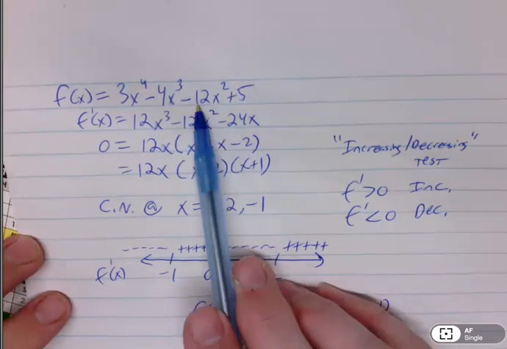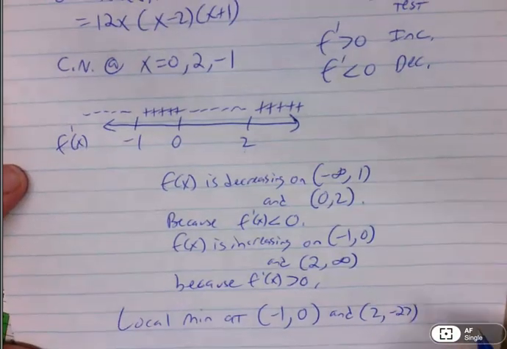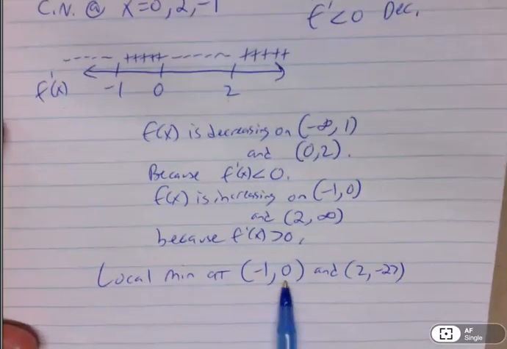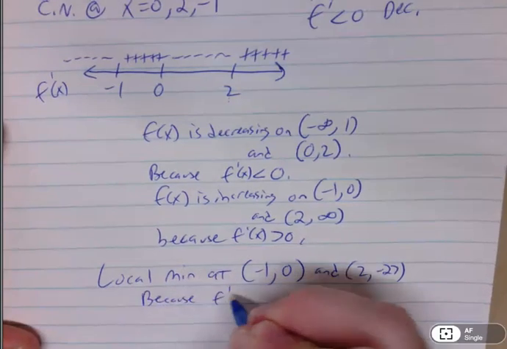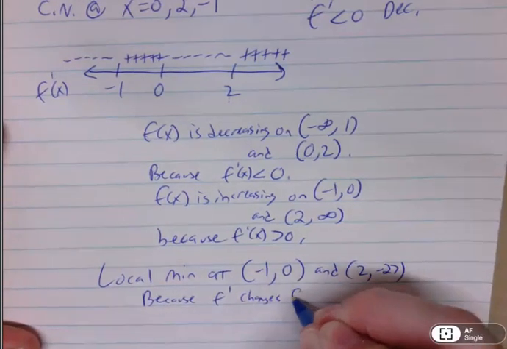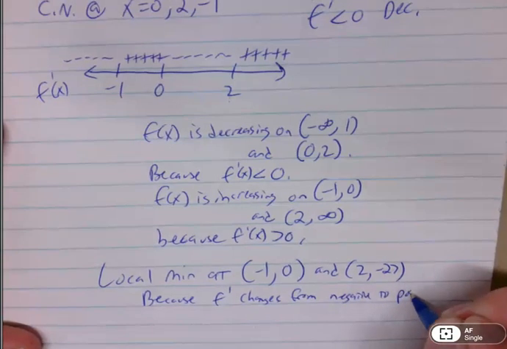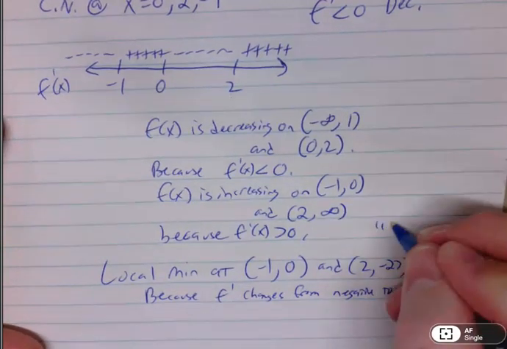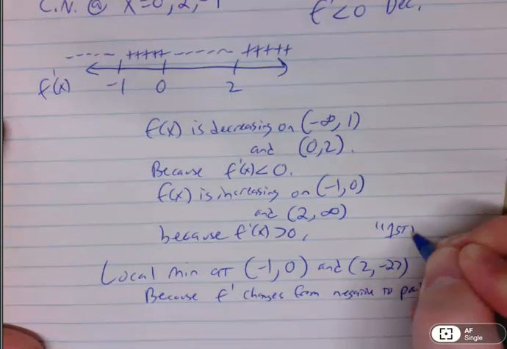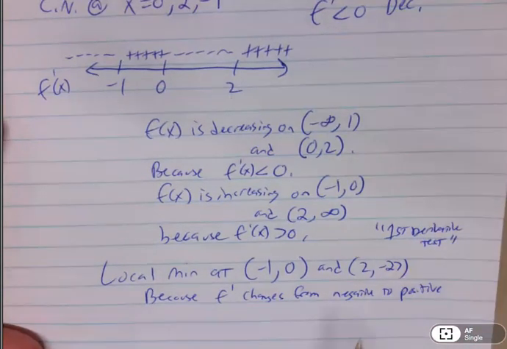Minus 48 is negative 32, plus 5 is negative 27. So I have local mins at negative 1, 0, and 2, negative 27 because f prime changes from negative to positive. This is actually using what's called the first derivative test.